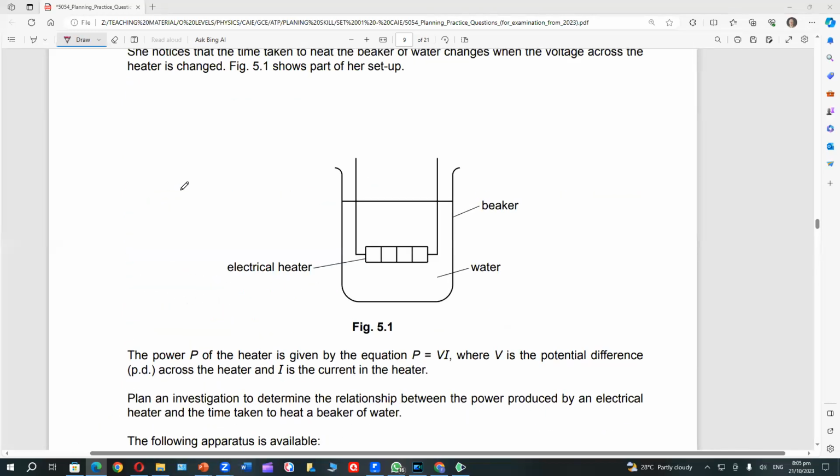Now let's complete this apparatus first. First of all, I am attaching a voltmeter here. I connect the wire and attach an ammeter and a switch.